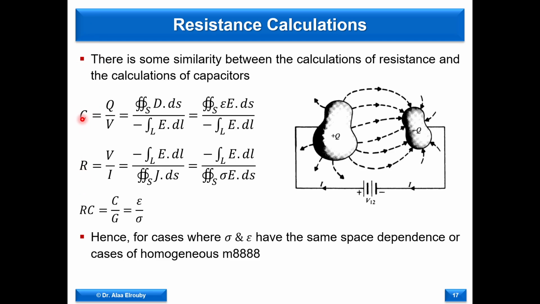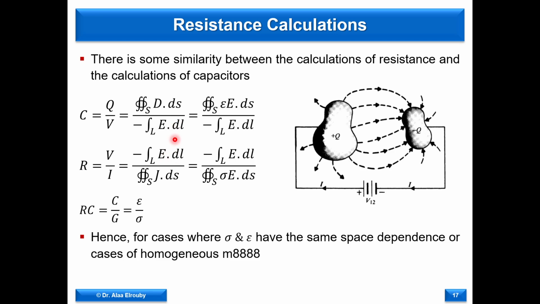Capacitance equals Q over V. Q, the free surface charge, is D dot ds, or epsilon E dot ds. The potential is E dot dl. So the resistance is V over I, which is minus E dot dl over I, and I is J dot ds.